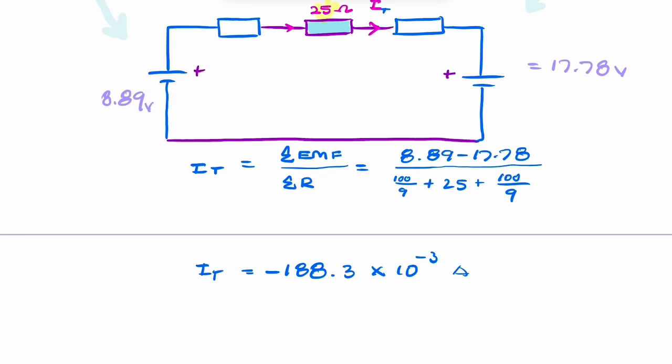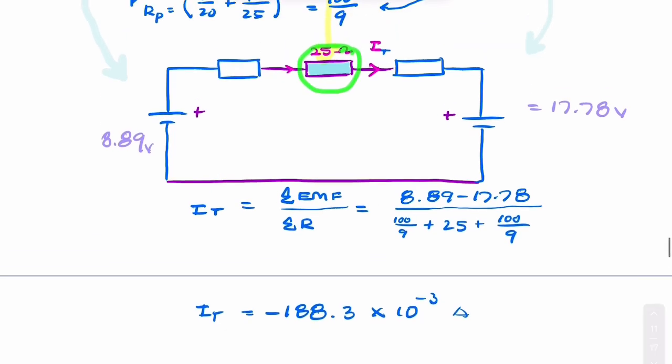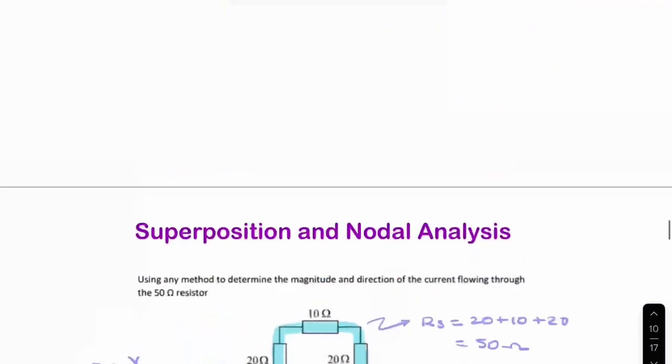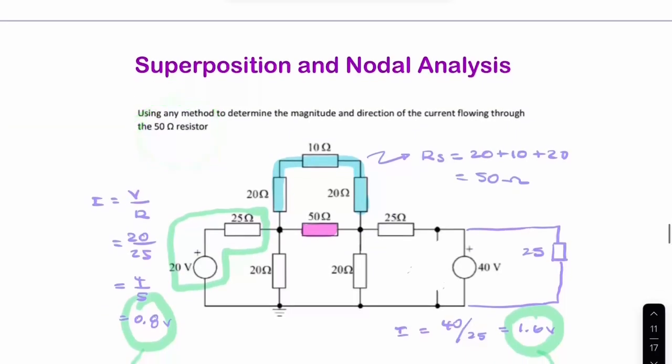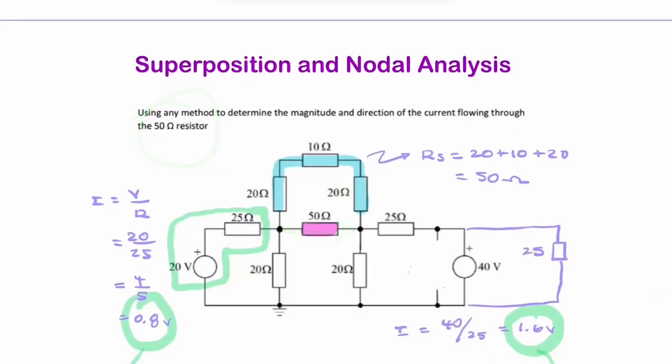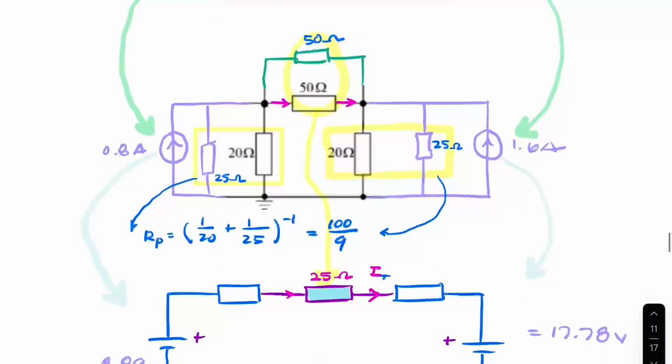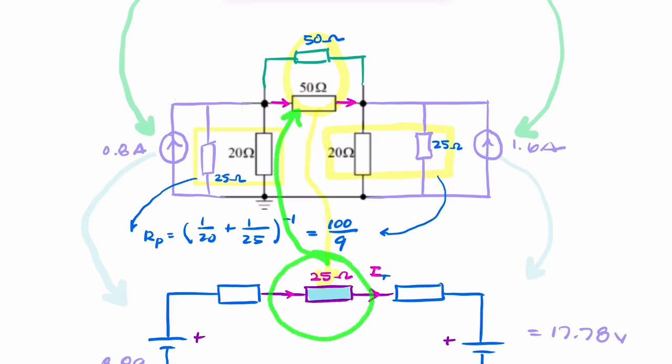The other thing we need to remember is the question wasn't asking about this current. The question said, what's the current passing through the 50 ohm resistor? So the current here isn't the same as the current passing through this equivalent resistance. So remember we said the current splits in two. So whatever we find here, we need to divide it by 2 to find the current passing through the 50 ohm resistor.